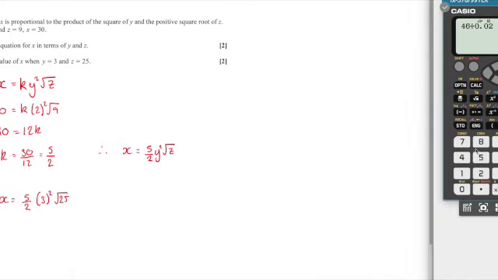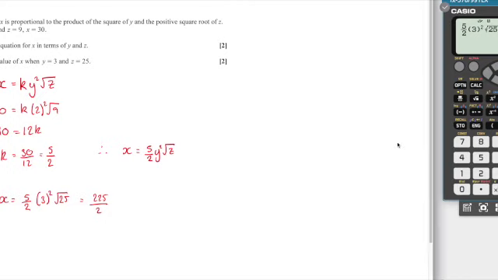So we have got 5 over 2, 3 squared, root 25. It's 225 over 2. Excellent. It's been a really boring paper so far. Let's hope it gets better.